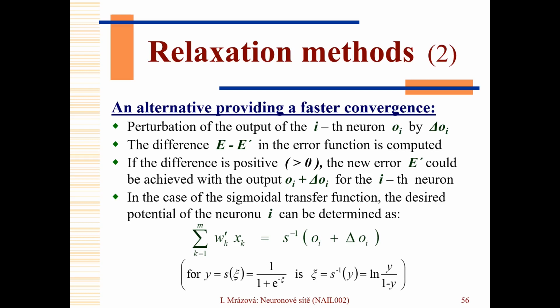For the standard sigmoidal, where we compute the actual output as 1 divided by 1 plus e to the minus potential, we could determine the potential values corresponding to the inverse sigmoid as the logarithm of y, the actual output of the neuron, divided by 1 minus y.